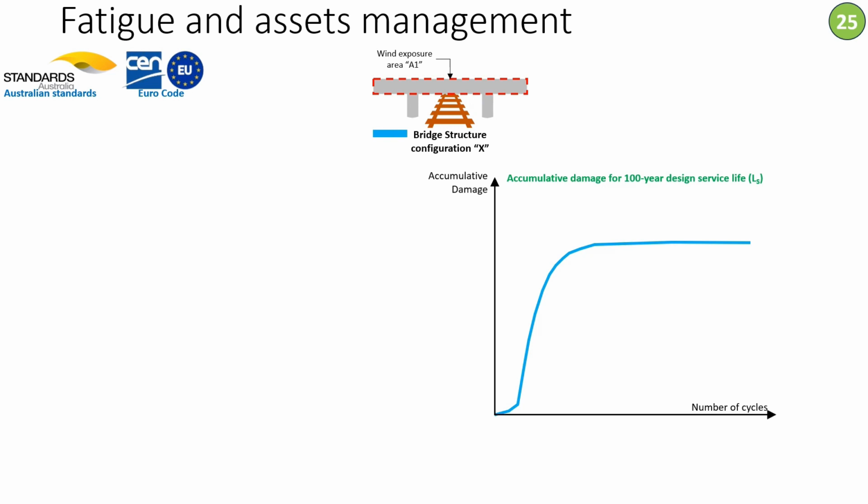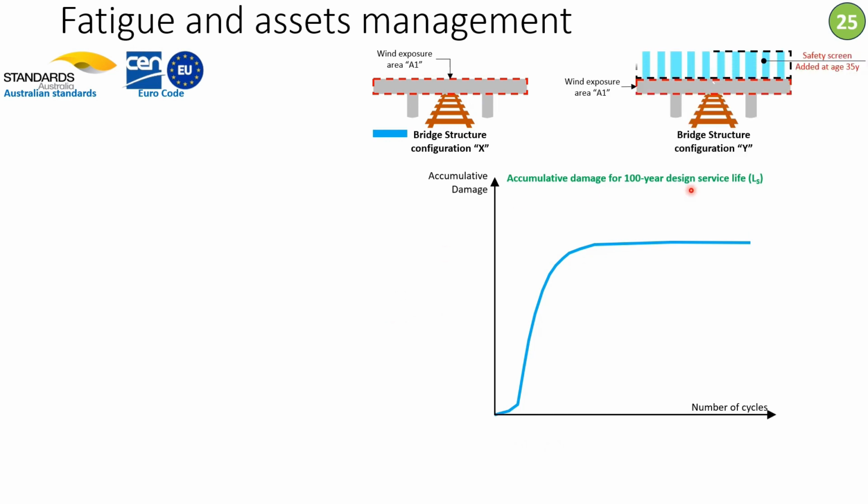We can plot the damage curve for this configuration X, as we can see here in the blue curve. And then the client asked us to add a safety screen at the age of 35 years, which changed the configuration of the bridge from configuration X to configuration Y, and changed the wind exposure area from area 1 only to area 1 plus area 2.